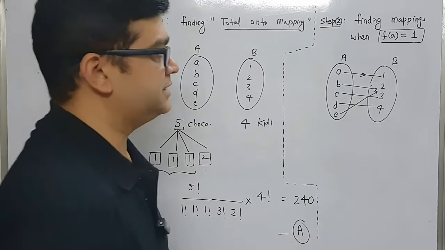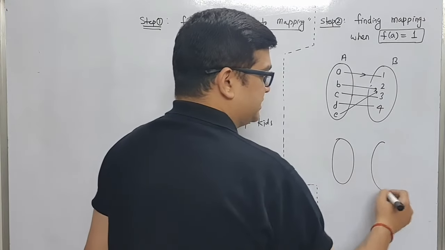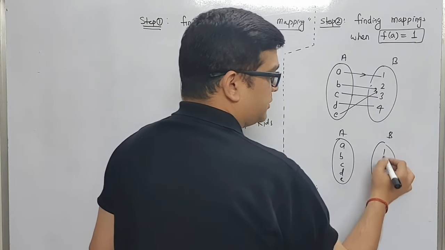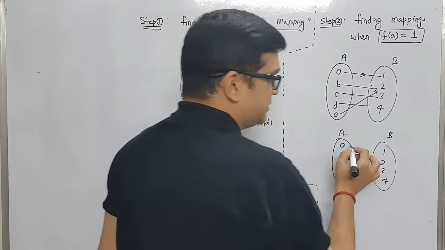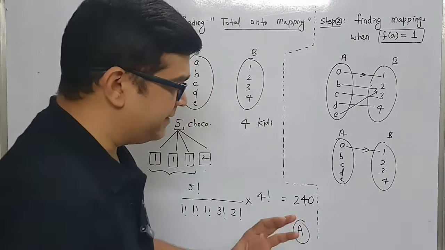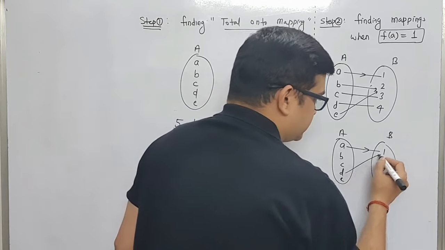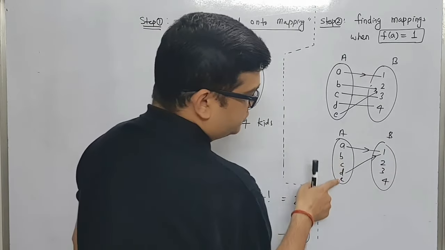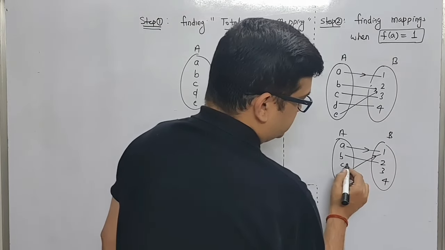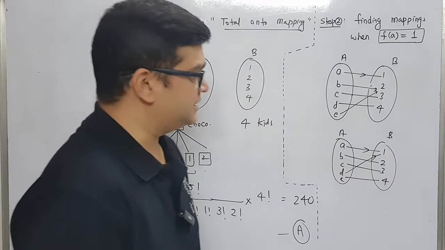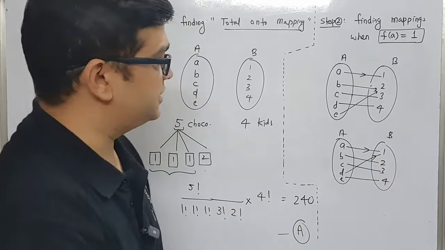That is one possibility. And second possibility is that a, b, c, d, e here, 1, 2, 3, 4 here. Second possibility is 1 is associated to a, and someone else out of these 4 is also associated to 1, and then remaining 3 are associated to remaining 3 normally. So these are 2 different cases, right? I hope you're understanding these 2 different cases.